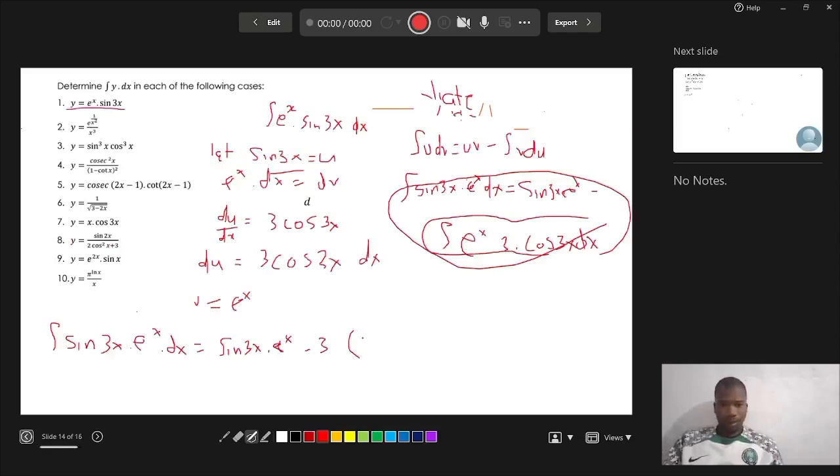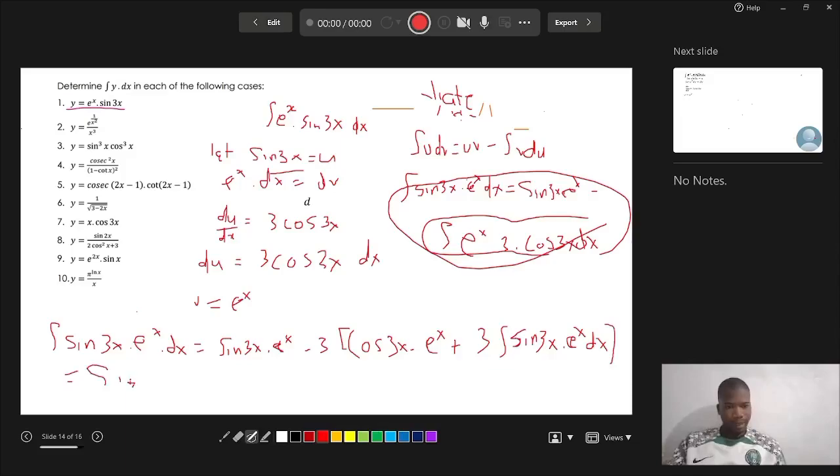So it's cos 3x multiplied by e to the power x minus 3, plus 3 integral of sine 3x e to the power x dx, right?